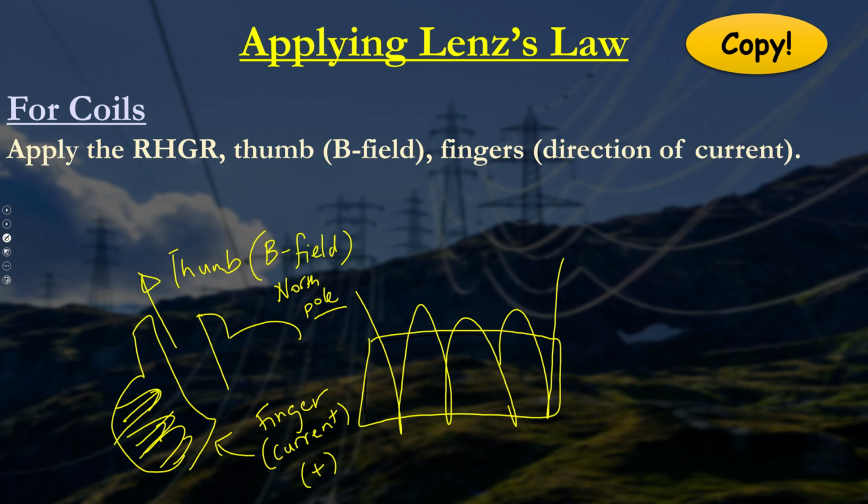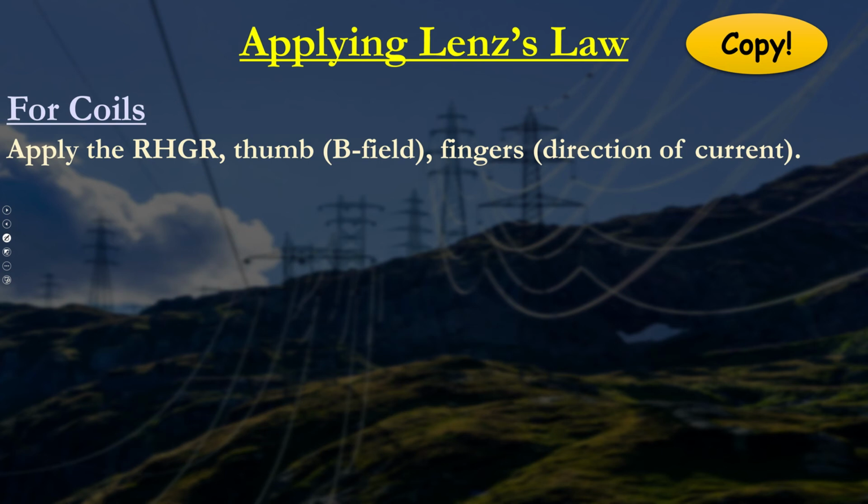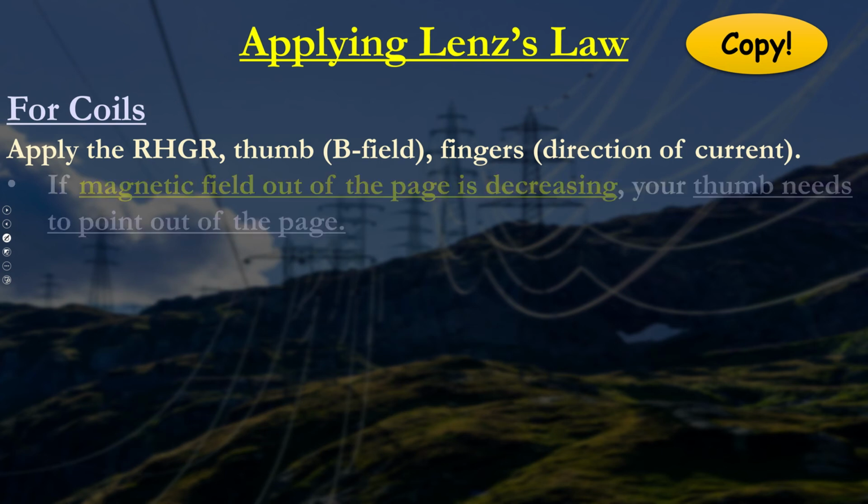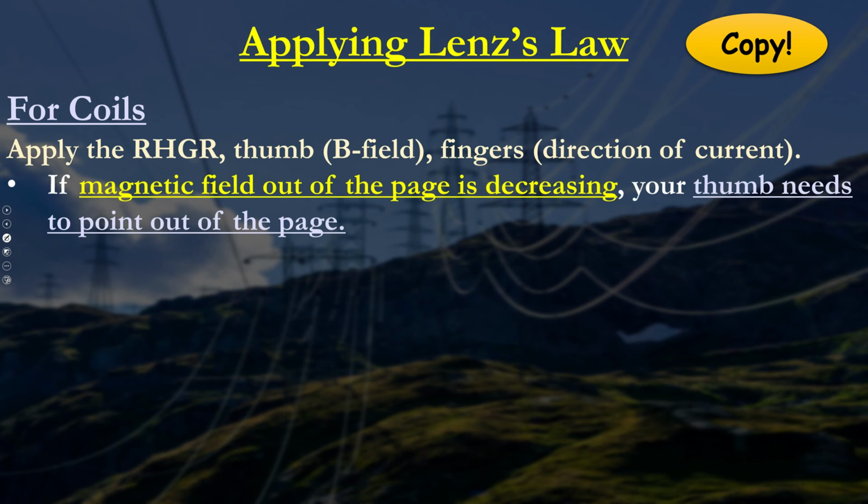There are some general rules in terms of applying Lenz's law and using the right hand grip rule. If you see a magnetic field out of the page decreasing, your thumb needs to point out of the page. What that basically means is if magnetic fields coming out of the page are dropping, you want more going back out.